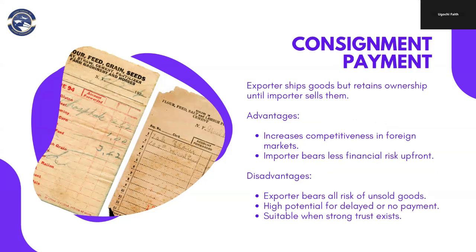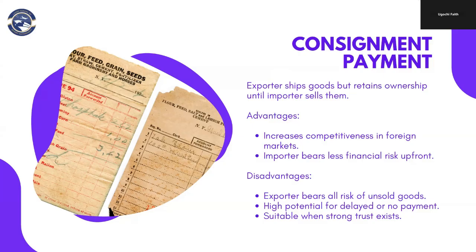So sometimes, as a Nigerian exporter, if you are exporting Nigerian foodstuffs to food stores in the United States, UK, Europe, or you are shipping processed food products to African stores, Indian stores and all that across the world, you can use this consignment payment.